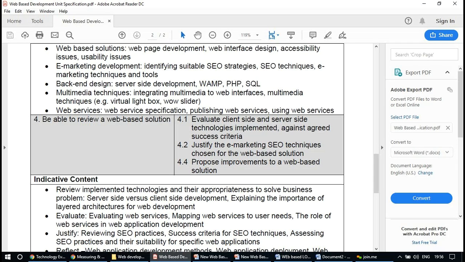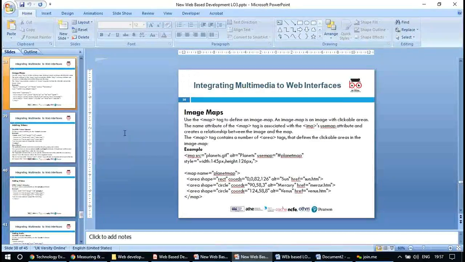But that's only possible in mathematics, where you can say either proved or not proved. Volunteering the improvements is also encouraged. So, three points: evaluation, justification of SEO, and improvement. Let us go ahead with them.